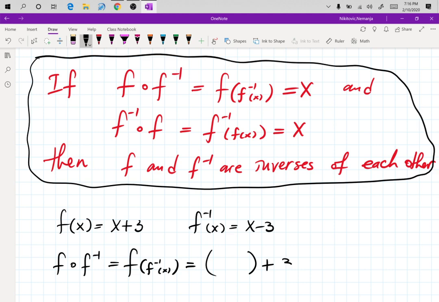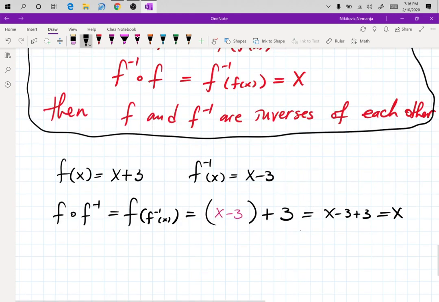Do we all agree that this is my f, x plus 3? But instead of x, I put the inverse. And now, when I remove parentheses, I get x.